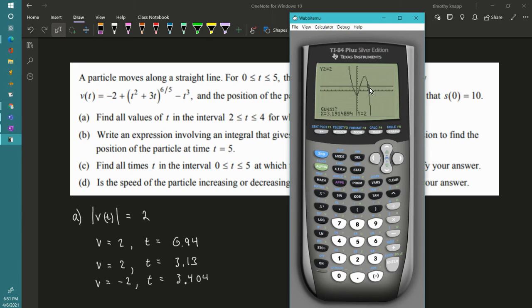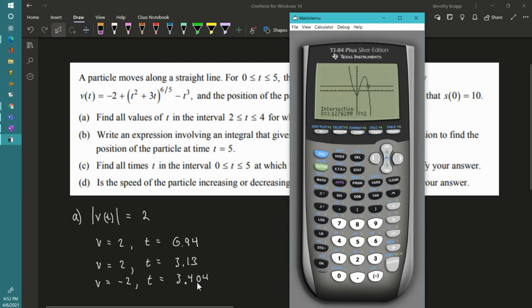And now I'm going to guess right there. So I've actually placed my point there, enter. And this tells me the actual intersection. So the y coordinate is 2, which we knew. And the x coordinate is 3.13, which is this here. Okay.